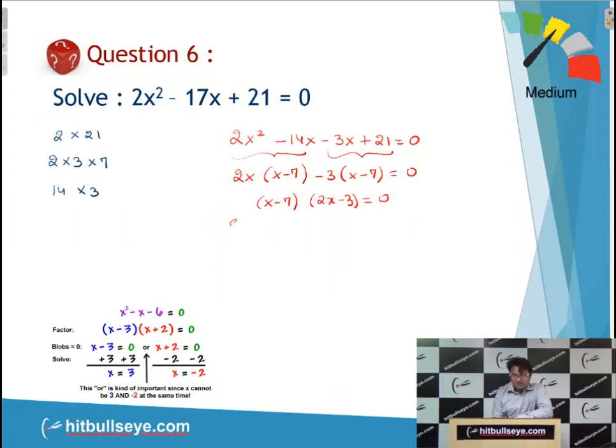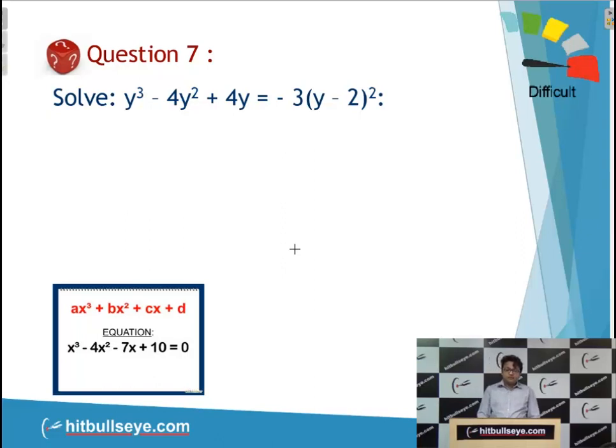This will give me either x minus 7 is equal to 0 or 2x minus 3 equal to 0, which means x is equal to 7 or x is equal to 3 by 2. I hope now this is clear to you, students. Let us have one more example.